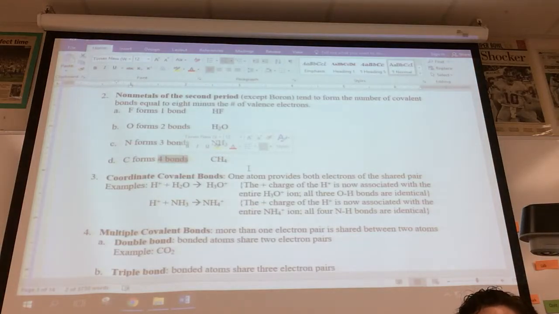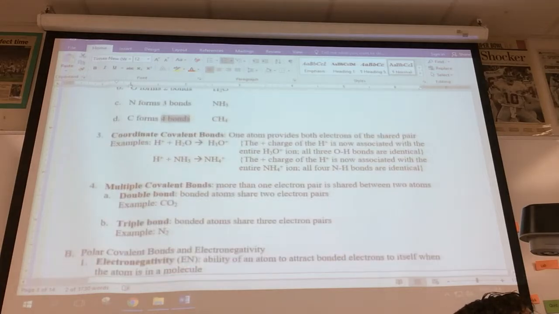When you form a hydronium ion, H3O+, or an ammonium ion, NH4+, what happens here is that the shared pair actually came either from a lone pair of oxygen or a lone pair of N. And this forms what's known as a coordinate covalent bond.